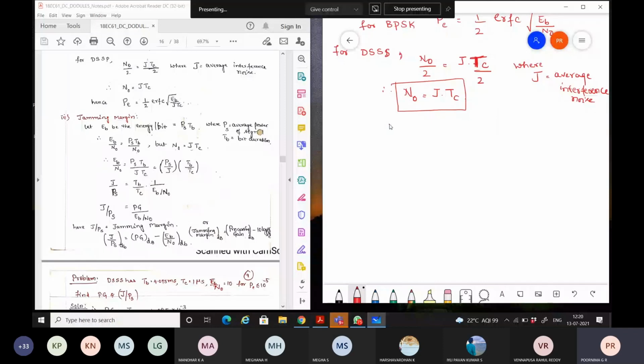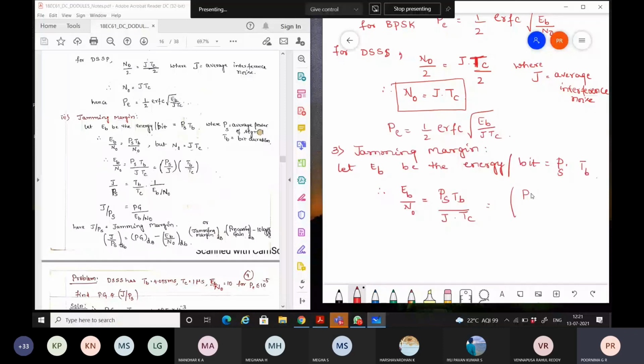So J by PS, applying the reciprocal, is TB by Tc times 1 by EB by N naught.